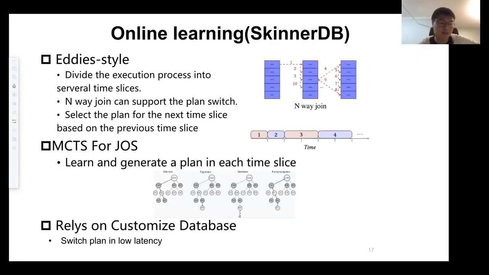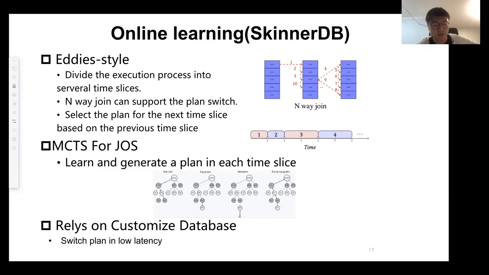Unlike a general database that can only execute one plan for a query, SkinnerDB uses an adaptive-style approach. It divides the execution of a query into many time slices. Each time slice can choose a join order. Within each slice, it uses an array join method to execute the join plan, to support combining the results of previous time slices after plan switching.